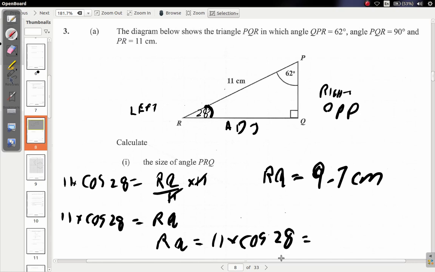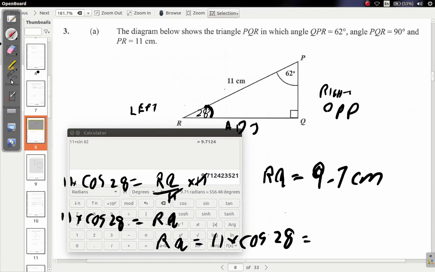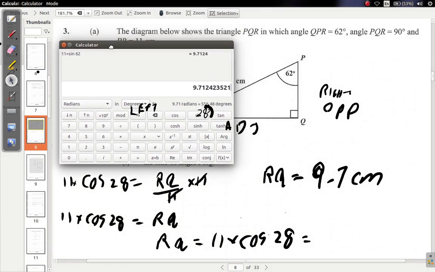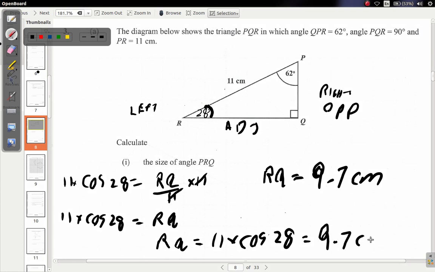Back to the calculator: cosine of 28, equals that, then multiply by 11, and you get back the 9.7 centimeters, right?